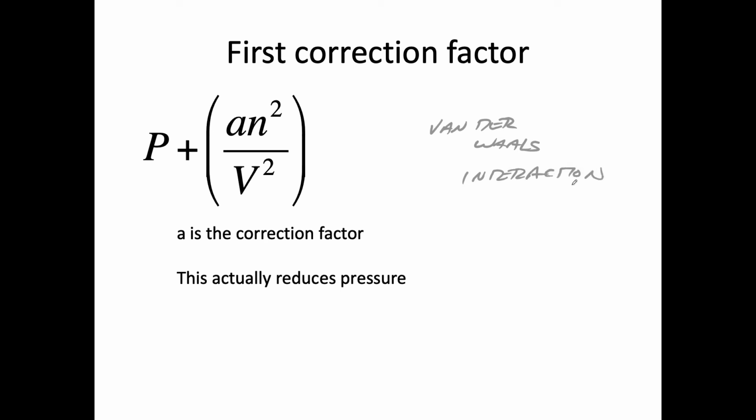Now, van der Waals interaction is actually instantaneous dipole, induced dipole. So we have this type of interaction between two atoms of the same molecule, and what's going to happen is that as the temperature goes down, they're going to slow down.